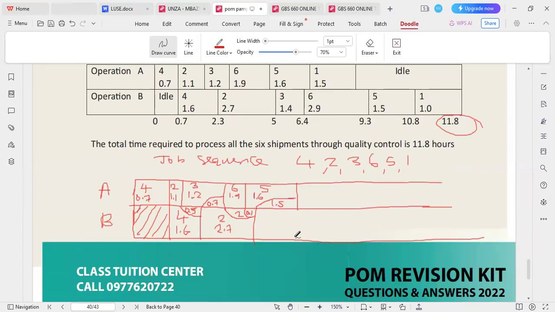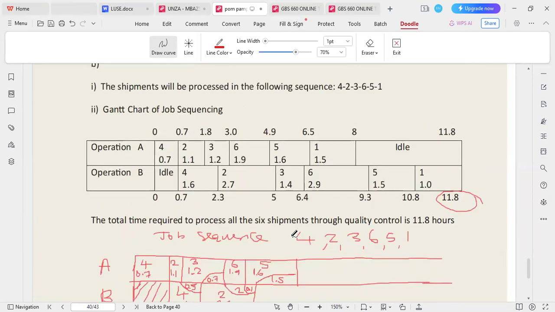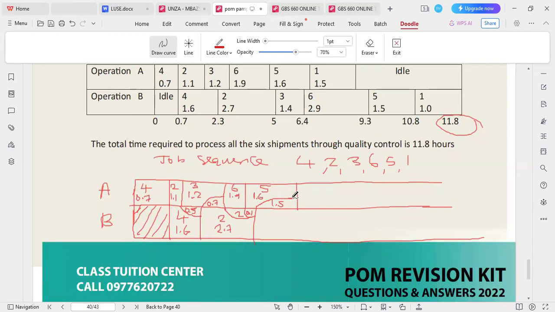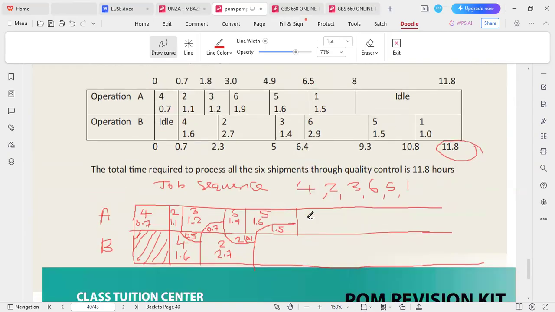So by the time they're finishing running job 5 in A, people in operation B would have started running job 6. Job 6 is taking 2.9. All right, so 2.9 is in operation B.